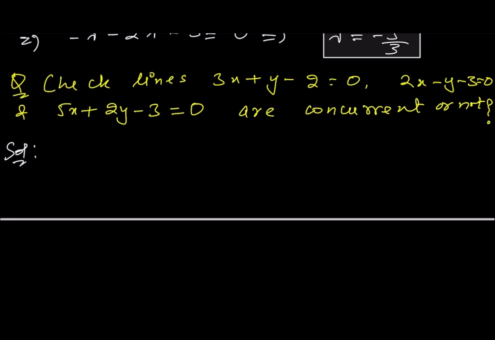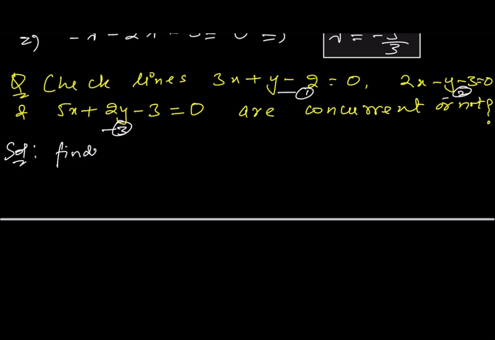So there is also another method for point of concurrency. If the third line is passing through the intersection of the first two, then the lines are concurrent. So say this is 1, this is 2 and this is 3.